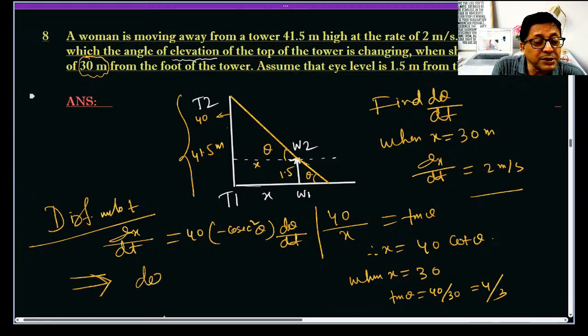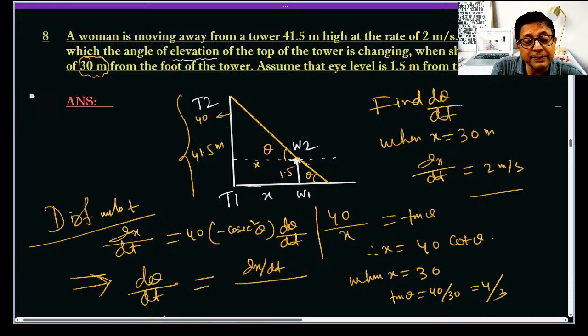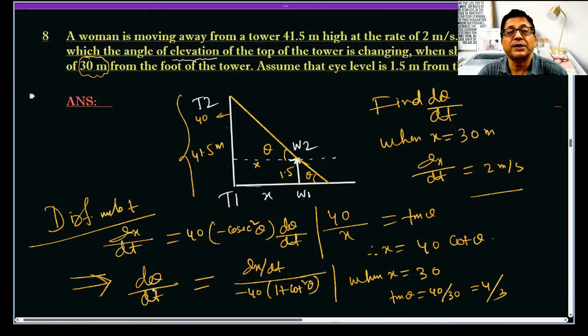So to find d theta by dt, this will be dx by dt, which is known to you, divided by minus 40 cosec square theta, which is 1 plus cot square theta. Okay, we can find easily d theta by dt from here because dx by dt is known.